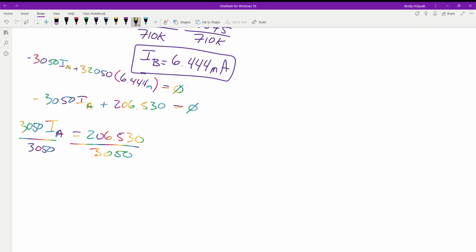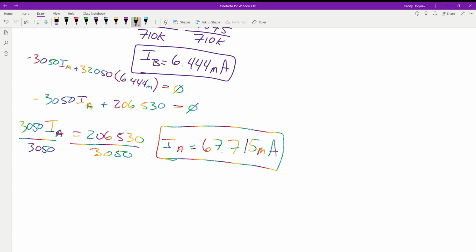I added 3050 IA to both sides to get rid of it so we didn't have to divide by a negative number. Either way you're dividing by a negative. I like adding instead of dividing by negatives. So 206,530, we divide it by the 3050. IA comes out to be a positive 67.715 milliamps.